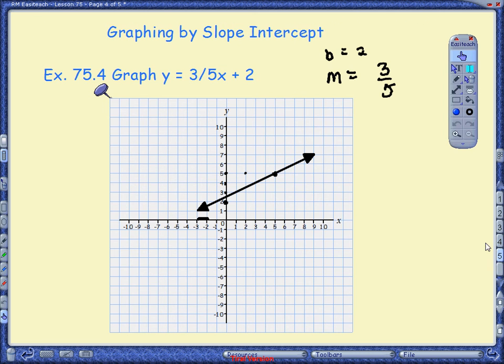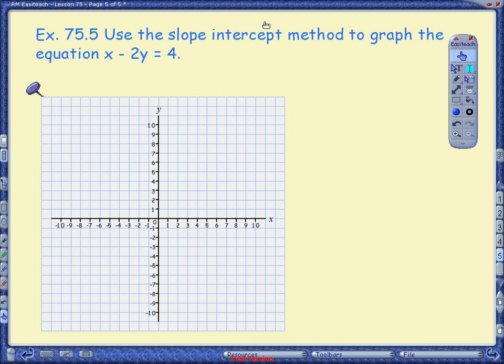Next, we want to use the slope-intercept method to graph this. Well, this isn't in y equals mx plus b form, so the first thing we have to do is put it into that form. So I'm going to subtract x from each side of the equation, and I'm going to have negative x here, negative x here. Remember, we always put the negative x first in front of the number.